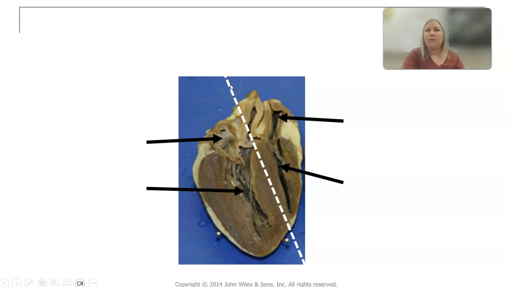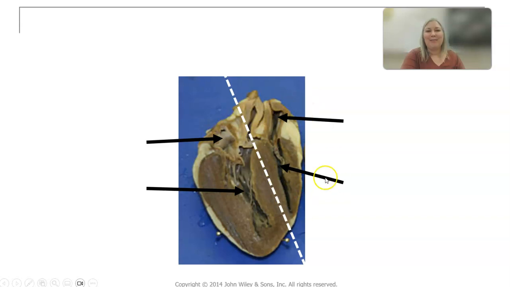And if you remember our discussion of the pulmonary versus the systemic circuit, the pulmonary circuit is very, very short and doesn't require as much force or as much pressure. And so the side responsible for pumping to the lungs is going to be much smaller than the side responsible for pumping to the rest of the body in the systemic circuit.